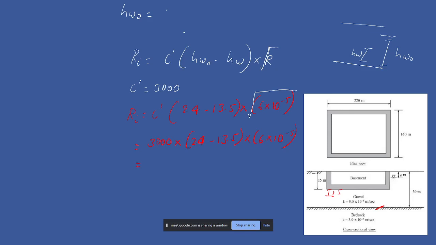So HW naught is 30 minus 6, 24 meter. HW is 30 minus 15 minus 1.5, which is 13.5 meter.